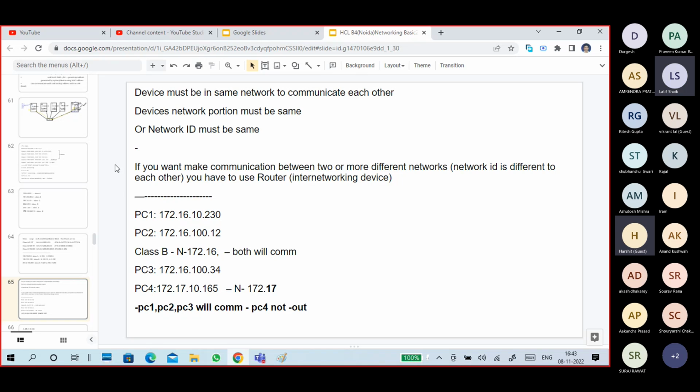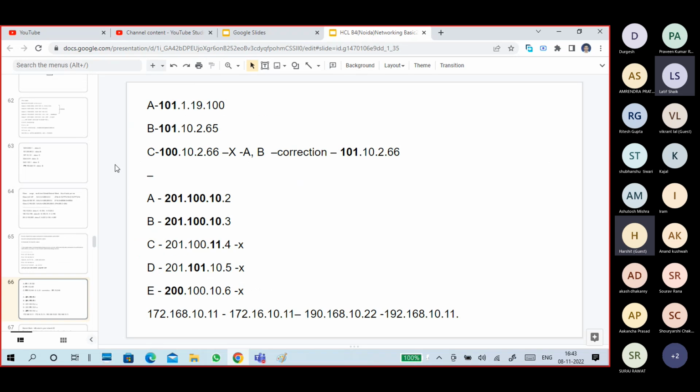So both are the same for PC1 and PC2, then both will communicate with each other. It is the same for PC3, so PC1, PC2, PC3 can communicate with each other. For PC4, the second portion becomes 17. Obviously, PC4 cannot communicate with PC1 or PC2 or PC3.